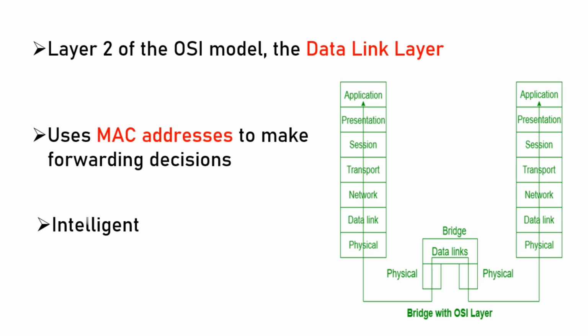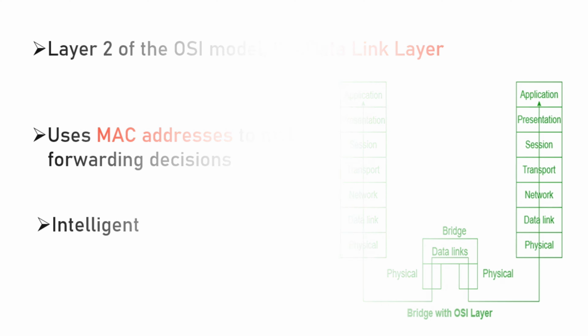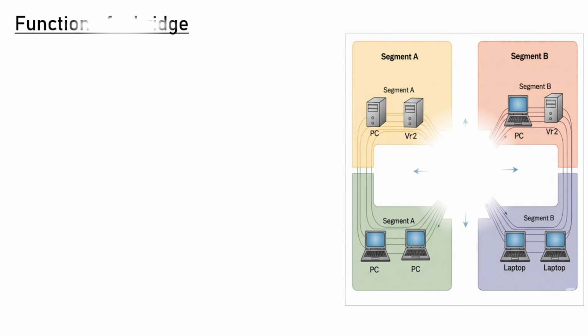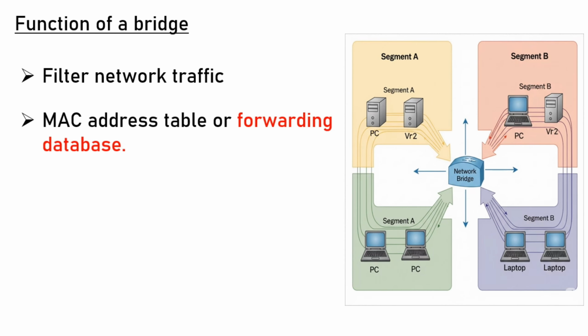The primary function of a bridge is to filter network traffic. When a bridge receives a data frame, it examines the destination MAC address. It then checks its internal table, often called a MAC address table or forwarding database, to see which segment that MAC address belongs to.